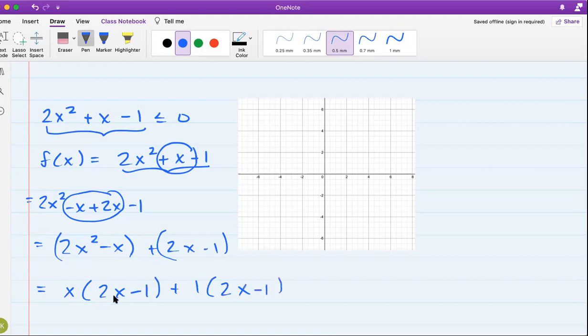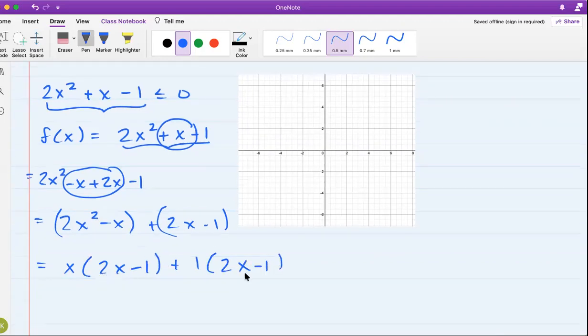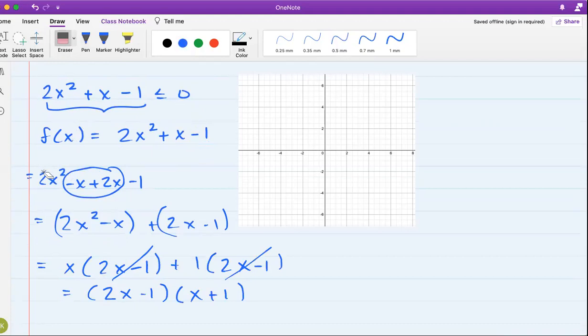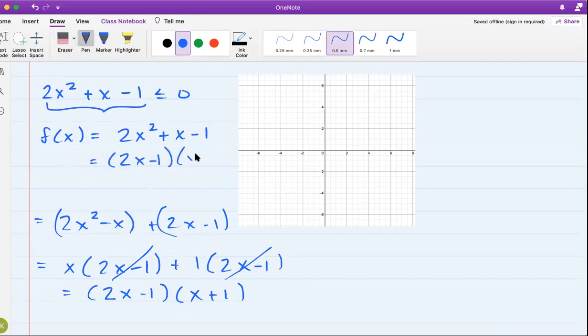And you know you did it right when you get the same thing in both of these parentheses, and then the last piece is to factor out this. So you'll get x plus 1. So this is the factored form. So I'm going to write that right here. This is equal to 2x minus 1, x plus 1.